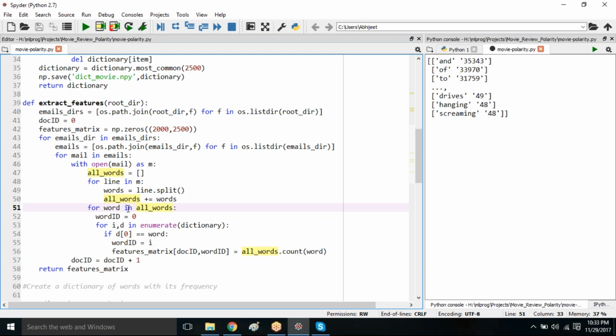You are doing all words dot count word, so for that particular word, you count how many times it has come in the file, and that you then put into the feature vector matrix.